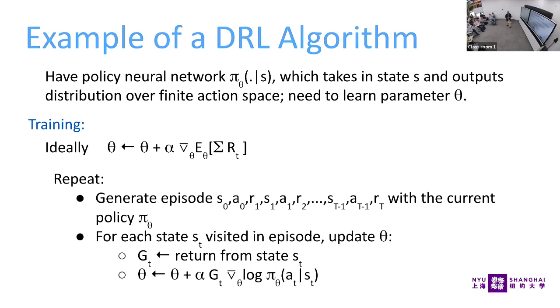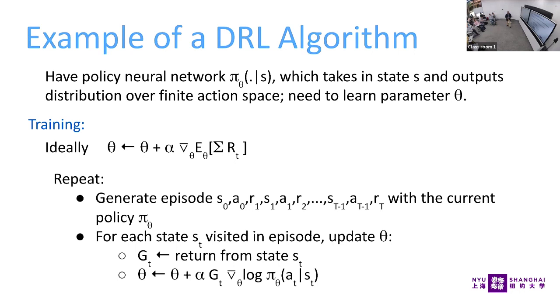This is the total return that we get. At every time step, we get some reward, and this sum here is the total return. This is the expected return. And the natural thing we want to do is change our policy, change theta, to increase the expected return. We want to do a gradient step. We want to modify theta, our policy, our neural network, to increase the expected return.